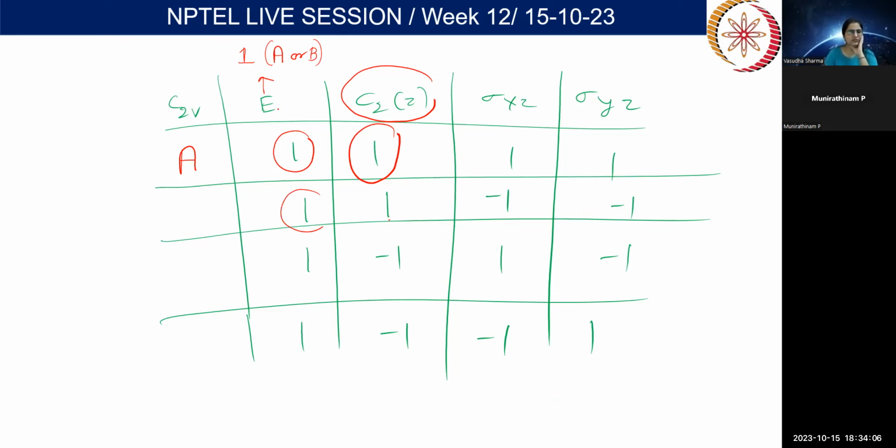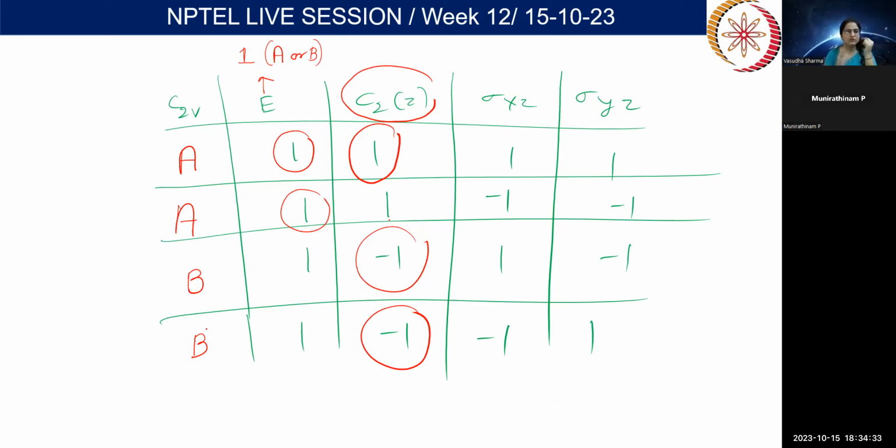This is also 1, so A. But underneath C2 Z, it is again symmetric, so what would be the symbol? Yeah, ma'am. What about this one? It is antisymmetric now. B, ma'am. And the last one, also B. Have you understood this point?